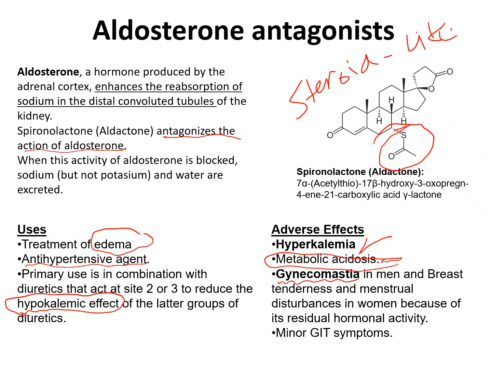In females, you'll see the same effect, breast tenderness, as well as an effect on the menstrual cycle because of its effect on enhancing estrogen production. So because of its residual hormonal activity, it has these side effects of gynecomastia in males and some menstrual disturbances in females.